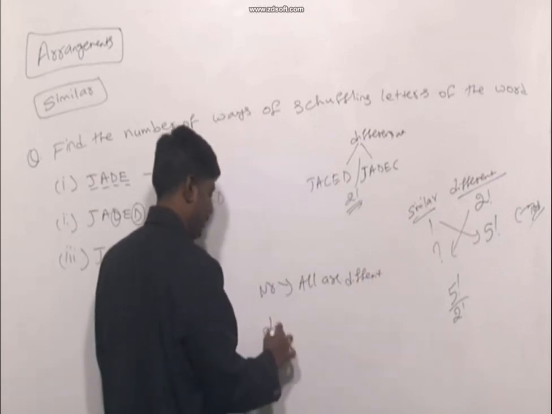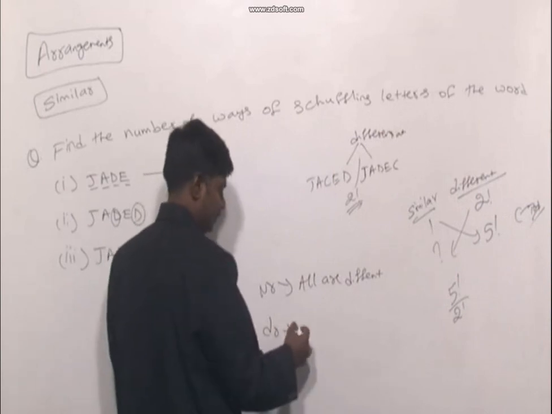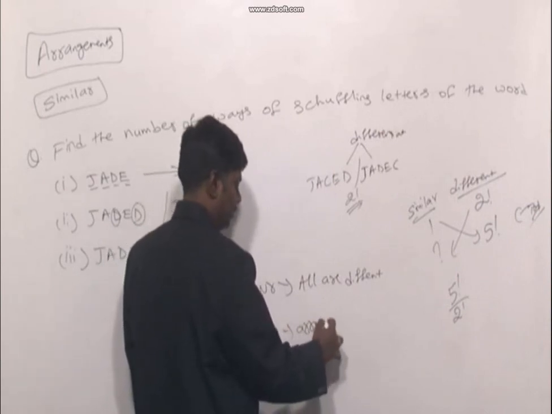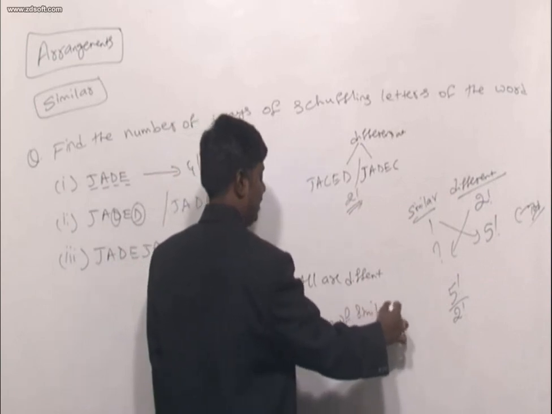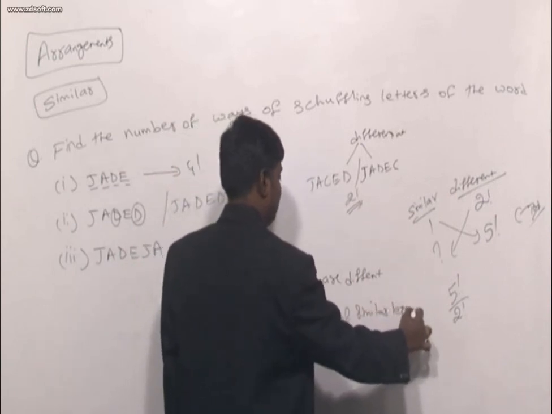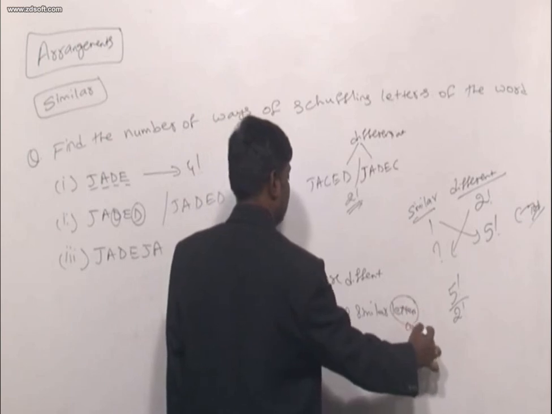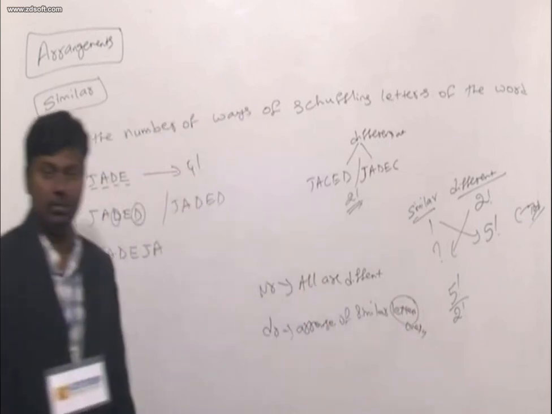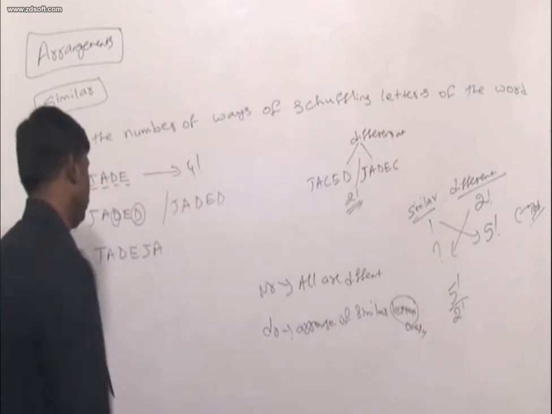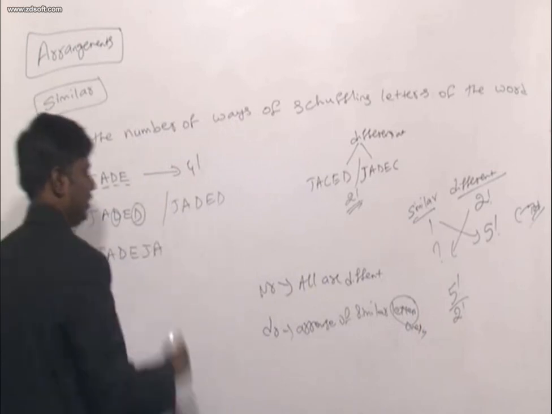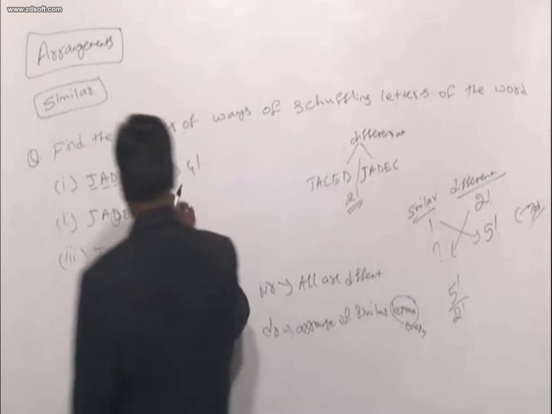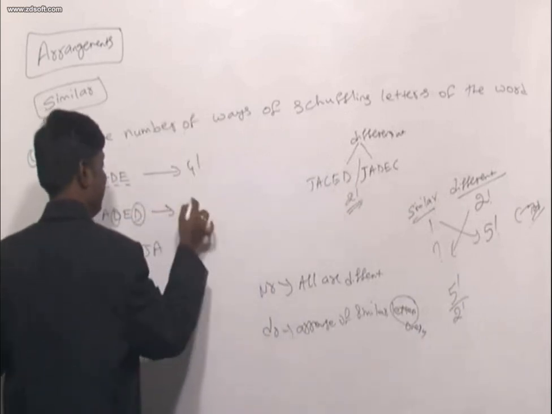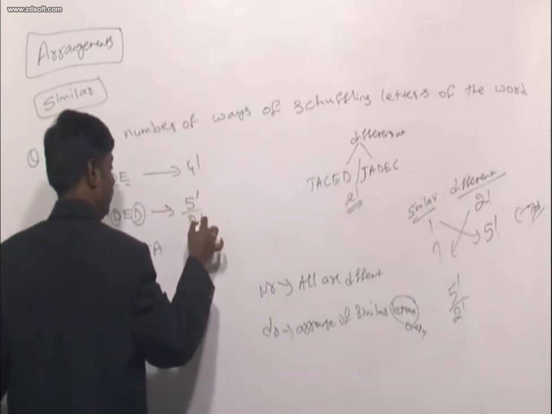Then in the denominator, we are considering arrangements of similar letters. Now using the same logic, what should be the answer here? For this, the answer is 5 factorial by 2 factorial.